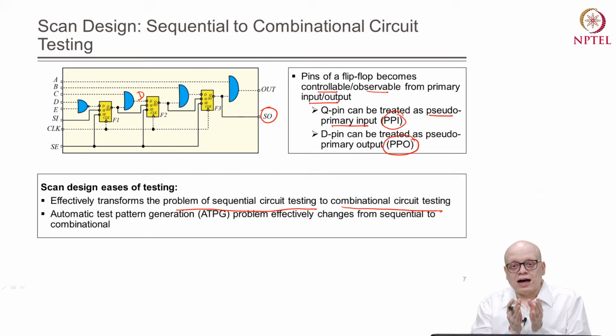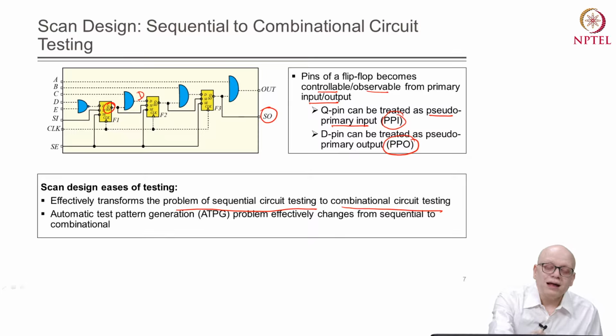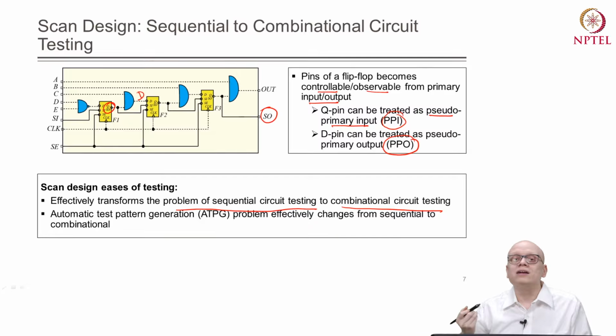So, in the scan cells, the output will be obtained from the Q pin, and Q pins are pseudo primary inputs, meaning that we can apply any pattern at the Q pin with the help of the scan chain, and therefore the testing problem becomes very easy, and generation of the test pattern for the ATPG tool becomes much easier because of scan cell insertion.